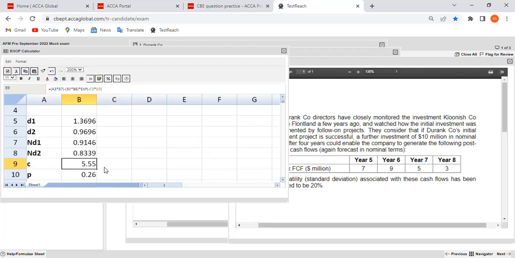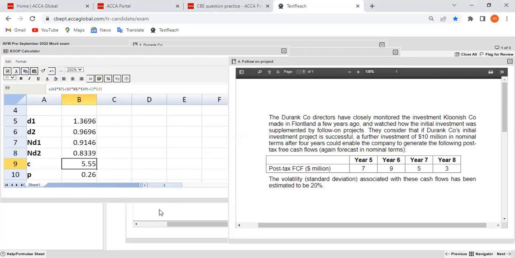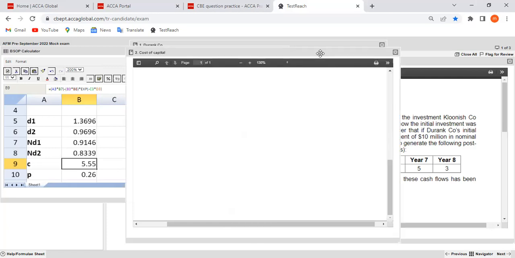That is coming as 5.55. Now you have computed this value 5.55. This was what the examiner was asking. Okay. Now, what was the other requirement of the question?